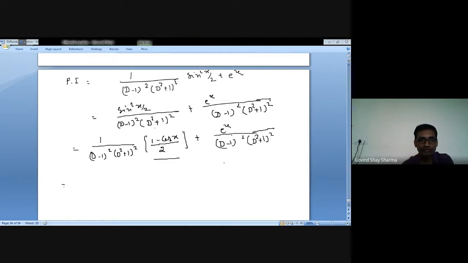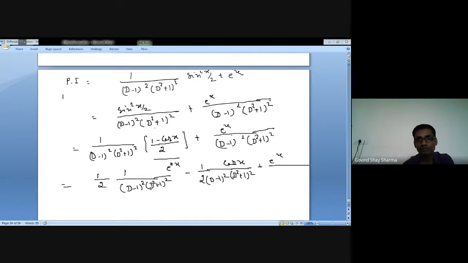We open this, 1 by 2. We can write 1 as 1 upon 2 minus 1 by 2 cos x, plus e to power x upon D minus 1 whole square, D square plus 1 whole square. Understand?